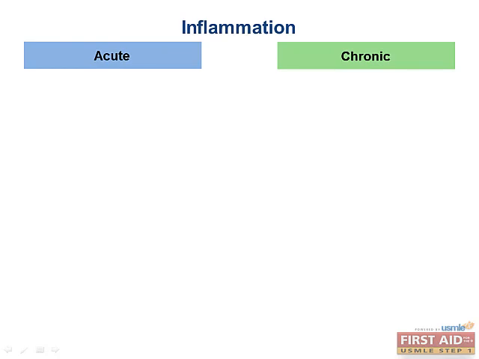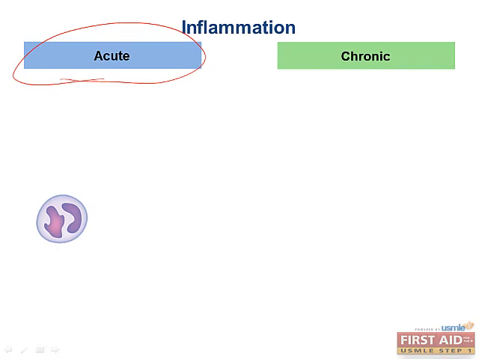So let's start with acute inflammation first. So what cells will we expect here? Well, we just talked about neutrophils and probably something else too. Eosinophils, actually. What type of hypersensitivity do you see eosinophils present? Type 1. So with allergic reactions, that's a type of acute inflammation.